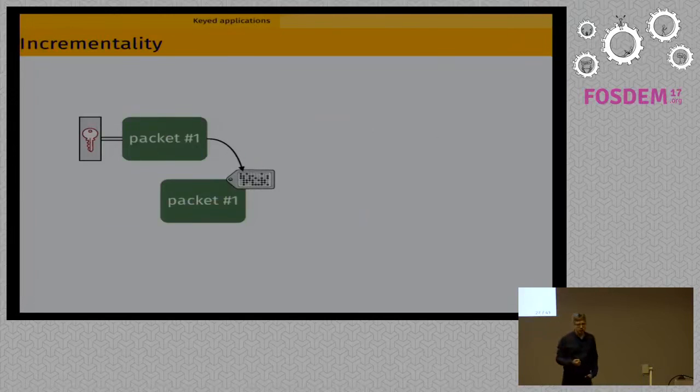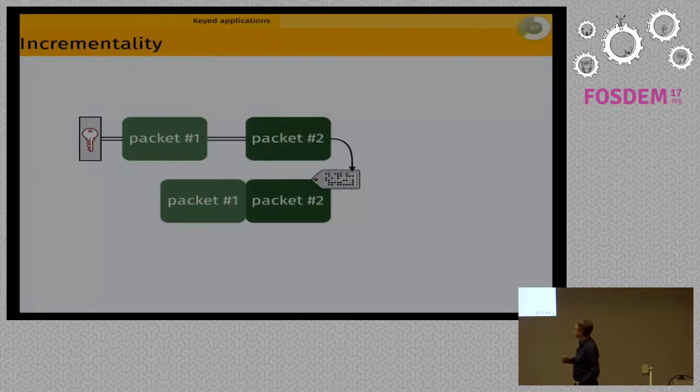Another thing that we want to achieve with a PRF is called incrementality. Let's assume that you want to authenticate some packets flowing from a client to a server. First you have the first packet, you compute a tag over it, and you send it. Then a second packet needs to be transmitted.